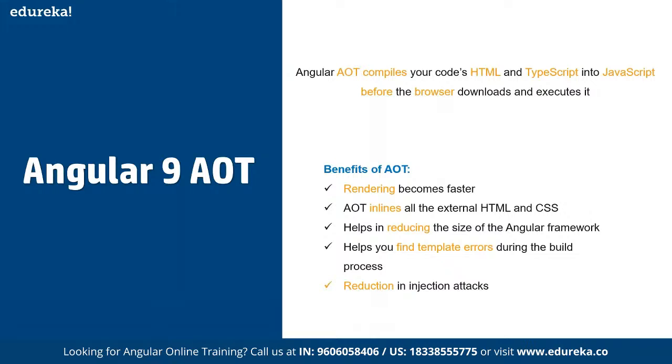When we use AOT, the rendering becomes faster. This is due to the fact that the browser can download a pre-compiled version of our project code, and it can simply load the executable code, and this helps the application to render instantly without having to compile the code first.